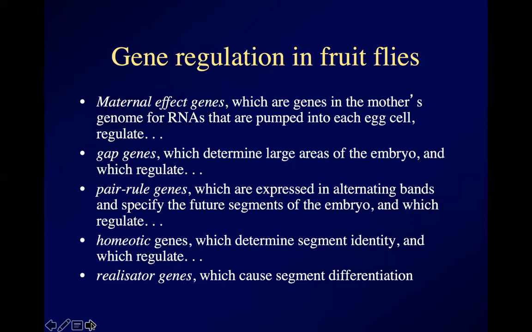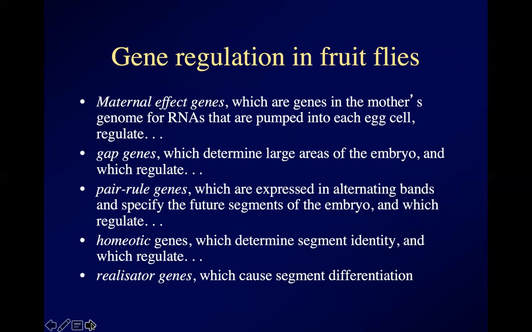Pair rule genes are expressed in alternating bands, and they specify the segments of the embryo. Right? Insects, like all arthropods, are segmented, and pair rule genes specify where the segments are going to go, where the boundaries are. And the pair rule genes switch on or switch off homeotic genes, which determine the identity of a segment.